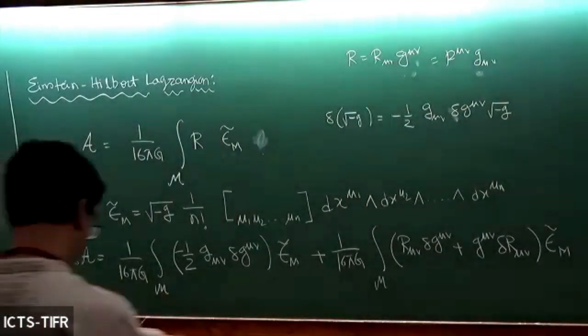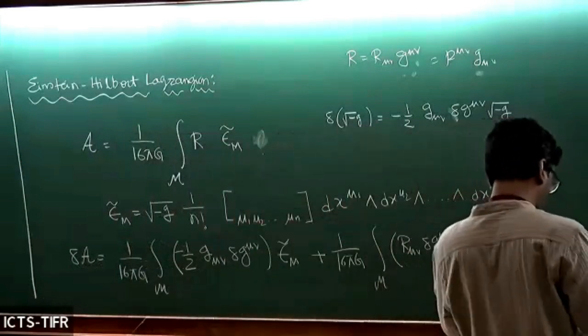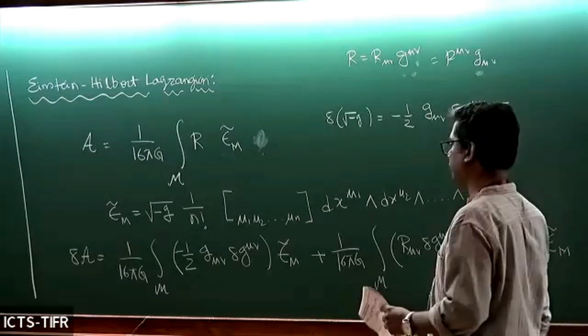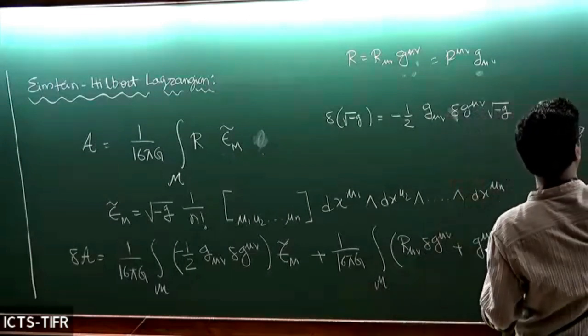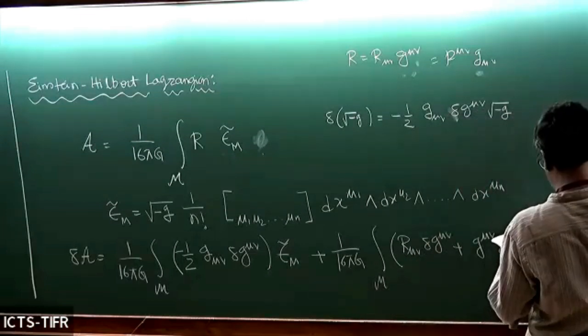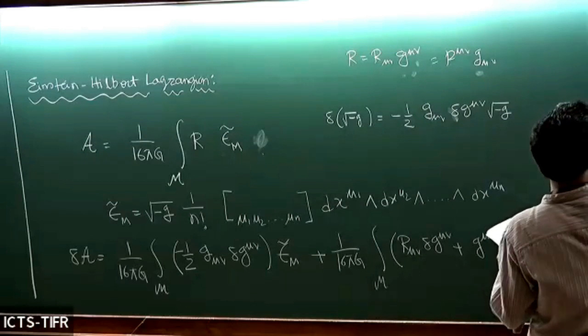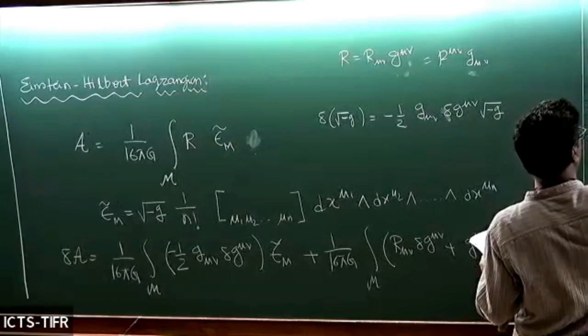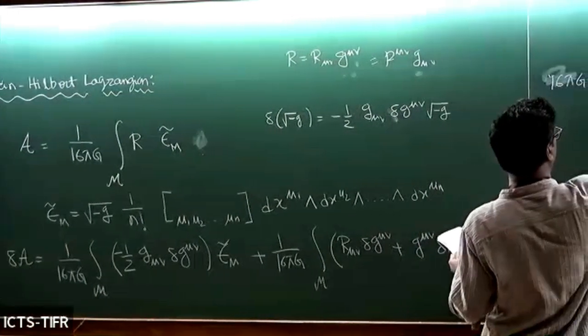Let's go ahead. So once I have the variation, what should I write then? Let me work out this structure. Therefore, variation of the action is the integral; I write 16 pi G here, then I don't have to write it many times.